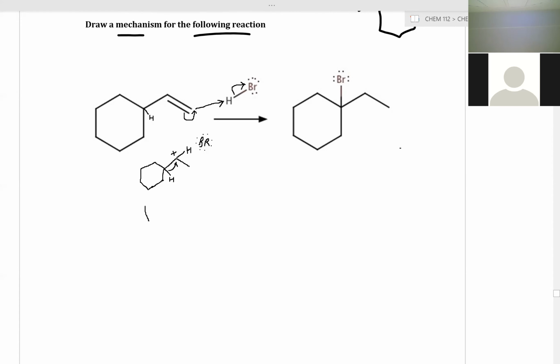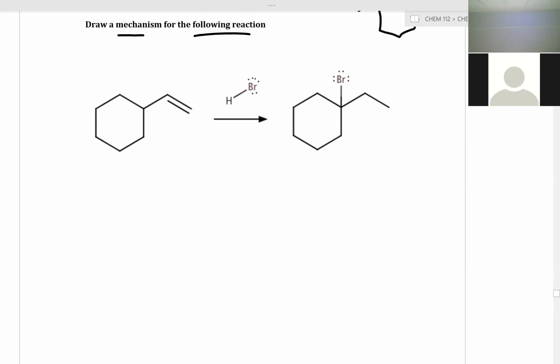And what intermediate do you now generate? Yep. And then the halogen attacks. Exactly right. Perfect. Perfect. Wonderful. So allow me to just clear this and then I'll write the instructor's solution so that way we have it all in the note set.